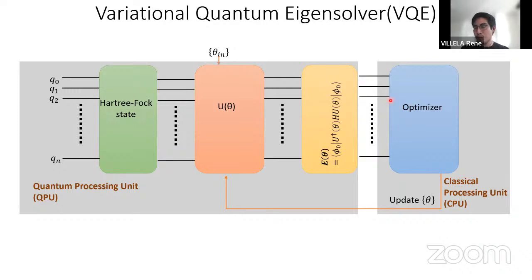We use these values as input for a classical optimizer, which is going to update the set of parameters. Then this updated set of parameters is going to be the new input for our unitary operations.